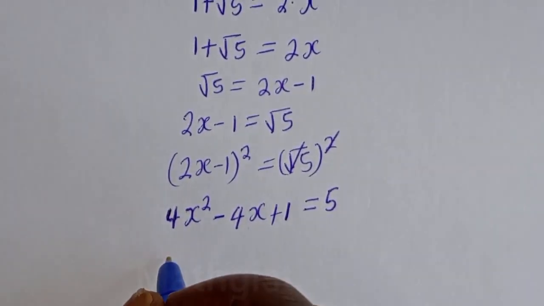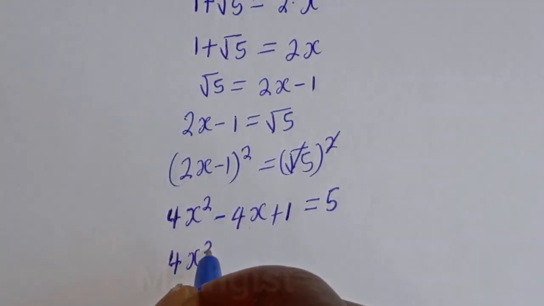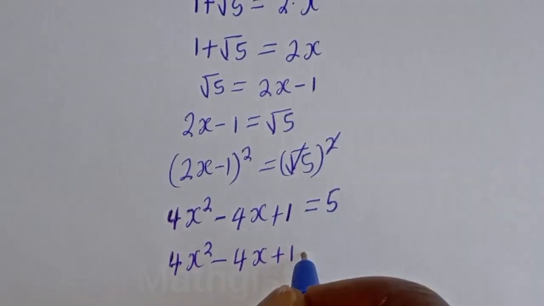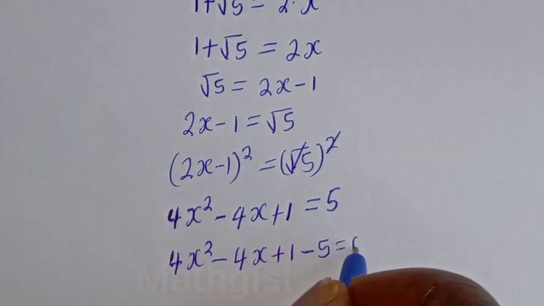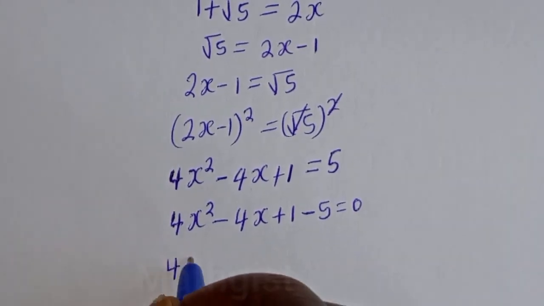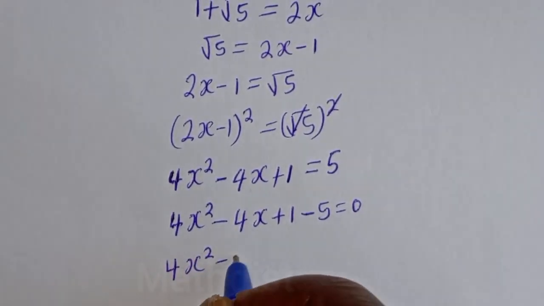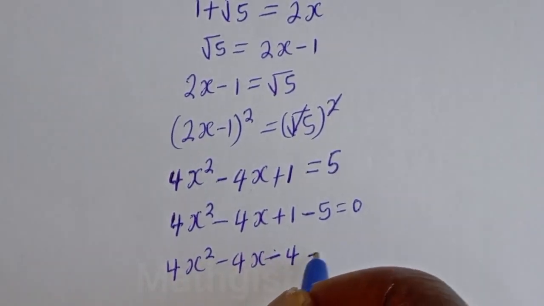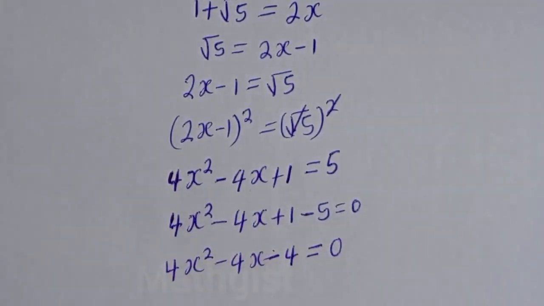Then this is 4x squared minus 4x plus 1 minus 5 is equal to 0. So 4x squared minus 4x minus 4 is equal to 0.